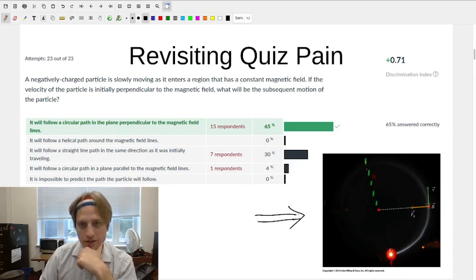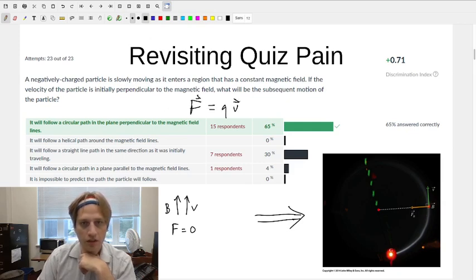So we discussed this a little bit in class on Friday. We have 3 cases that we should understand pretty well. We should understand the case where B and V are parallel. In that case, our F would be 0. And the reason is because of this force equals QV cross B rule.